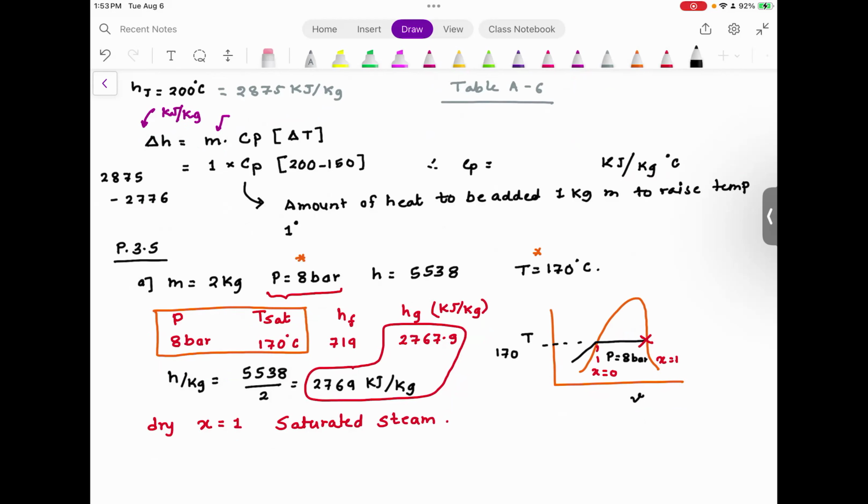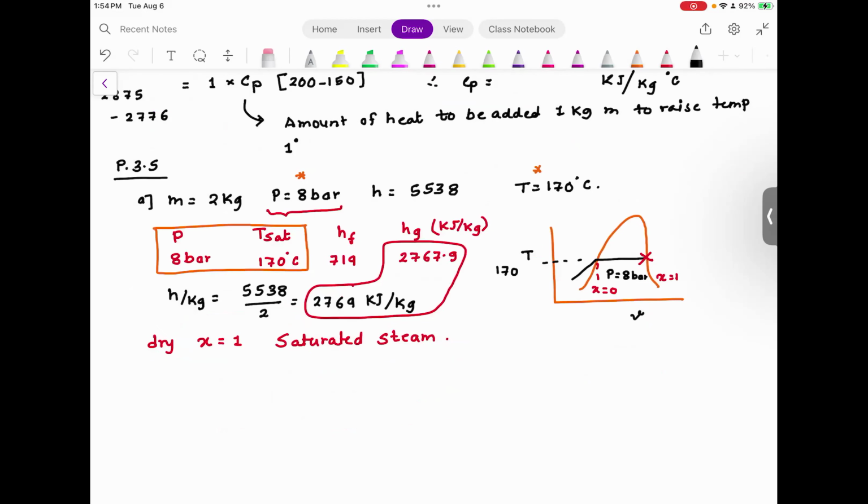Why is it dry saturated? Because the enthalpy of the steam per kilogram is the same as the enthalpy of dry saturated steam, hg, from the steam tables. That's why it's dry saturated steam. Everyone understood this? Understood? Good.